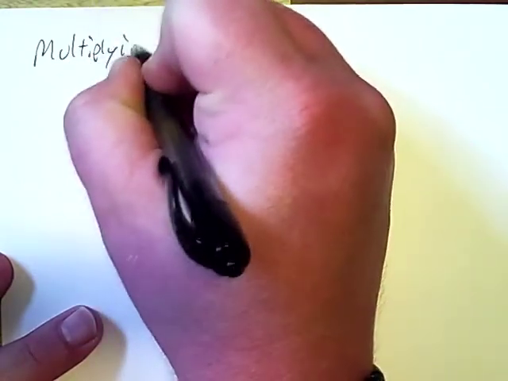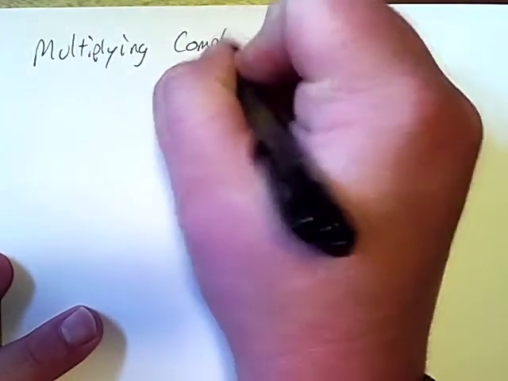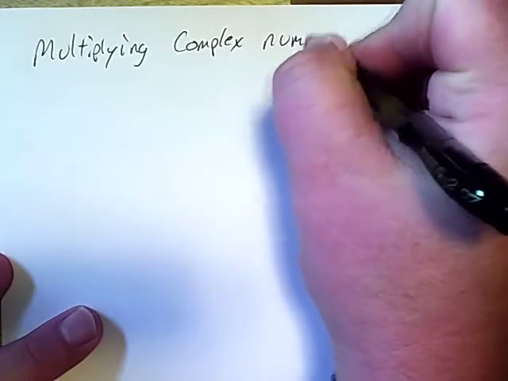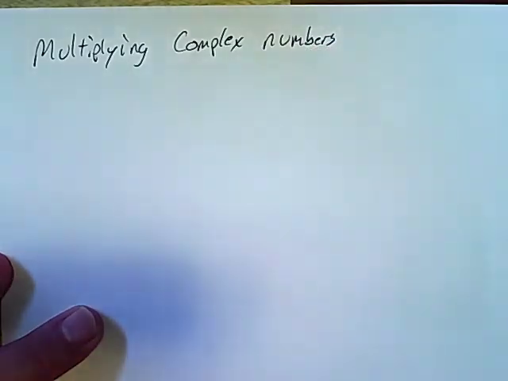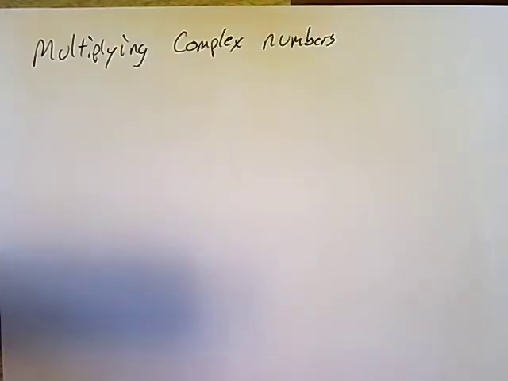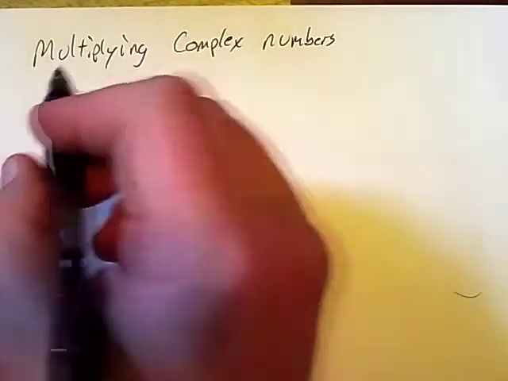So, when I'm multiplying complex numbers, this is going to be very similar to multiplying polynomials, but let's just see how this process works.